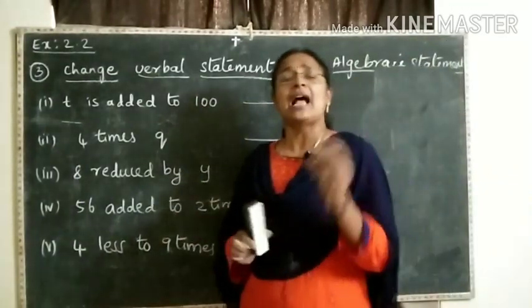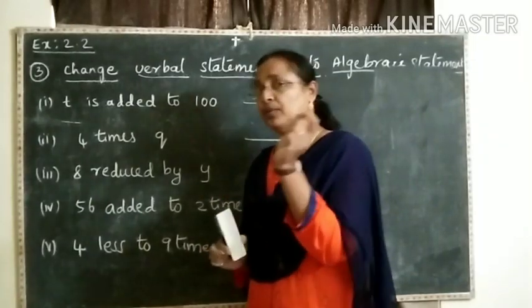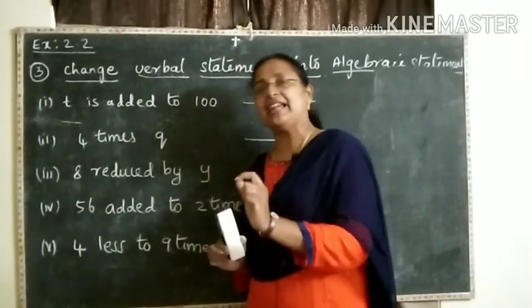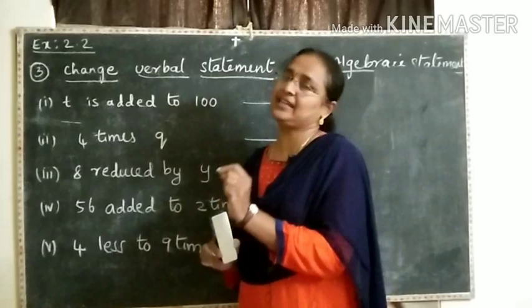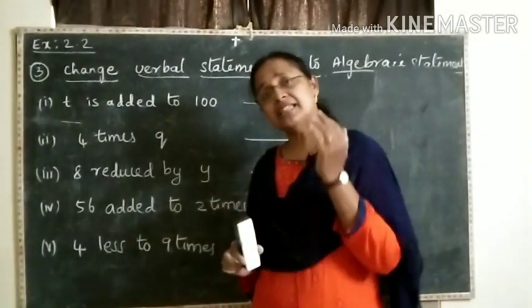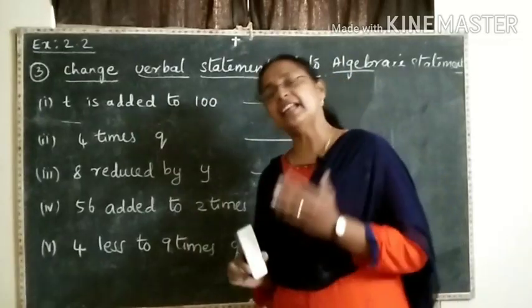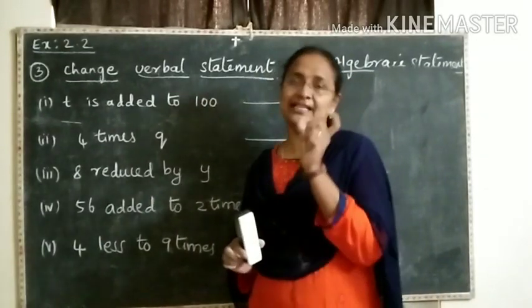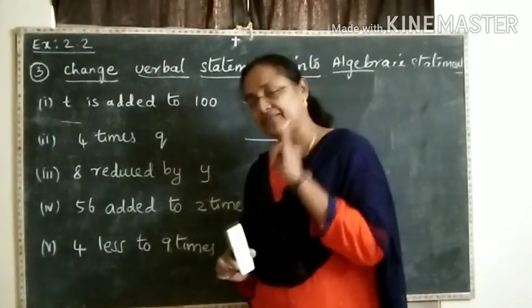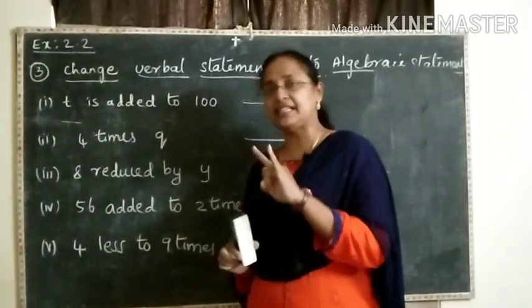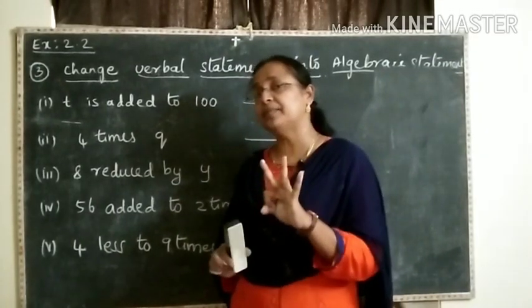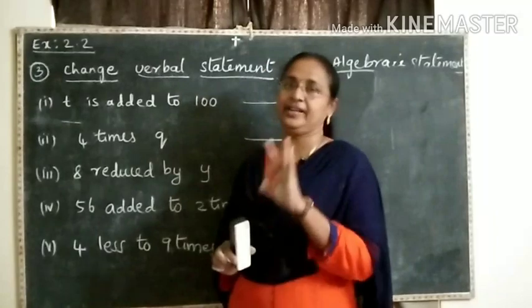Now look into this. As soon as you read a statement, listen very carefully. As soon as you read a statement, I am going to change it into an algebraic expression. So already I told you, for an algebraic expression, I need a variable, a constant, and an arithmetic operation.